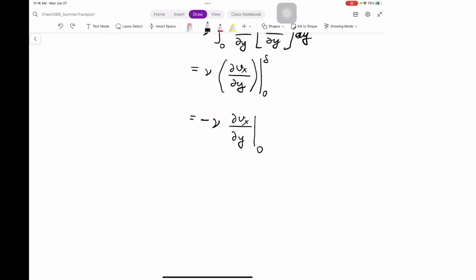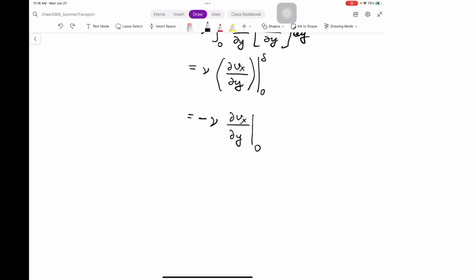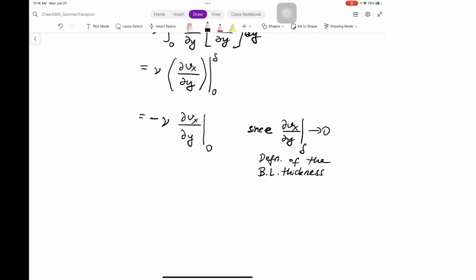The gradient is 0 beyond y is equal to delta. So del Vx over del y at delta goes to 0. This is the definition of the boundary layer, right? We define the boundary layer as the region beyond which the profile does not change anymore.